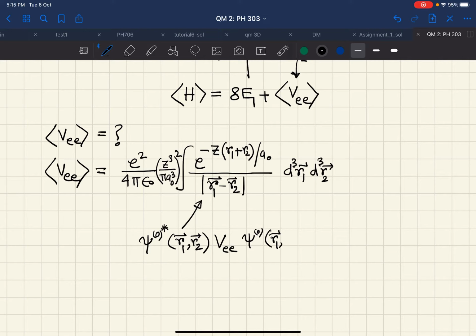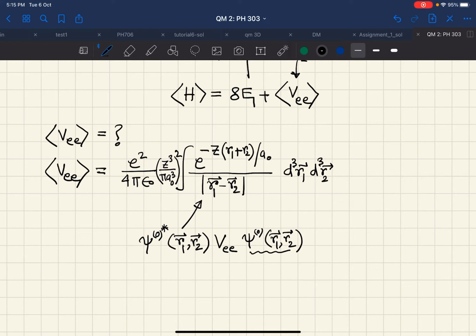This is our trial Hamiltonian, sorry, this is our trial wave function, this psi 0 r1 r2. We are evaluating the expectation value of the potential energy operator in this ground state, trial ground state.